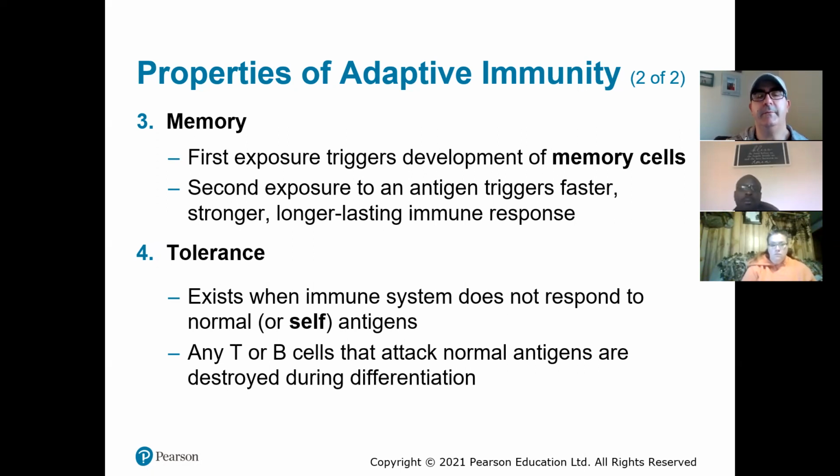And adaptive immunity has tolerance. All that means is that it recognizes your own cells versus foreign cells. So remember, all cells have markers on the outside. Those markers are called antigens. Your own cells have antigens, foreign cells have antigens, bacteria cells have antigens.